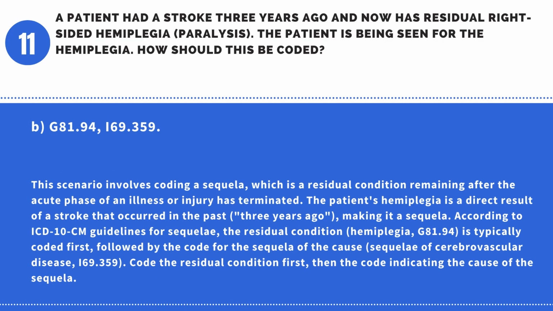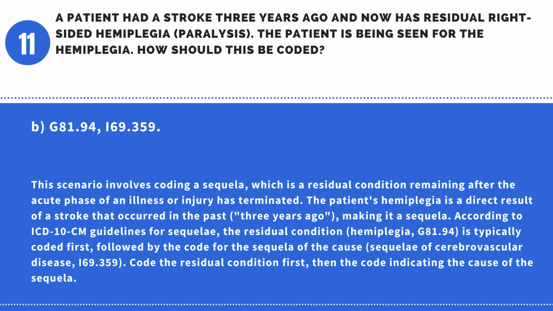Answer: B. G81.94, I69.359. This scenario involves coding a sequela, which is a residual condition remaining after the acute phase of an illness or injury has terminated. The patient's hemiplegia is a direct result of a stroke that occurred in the past, 3 years ago, making it a sequela.